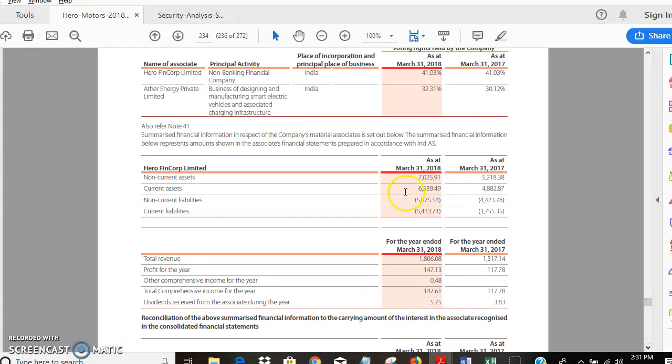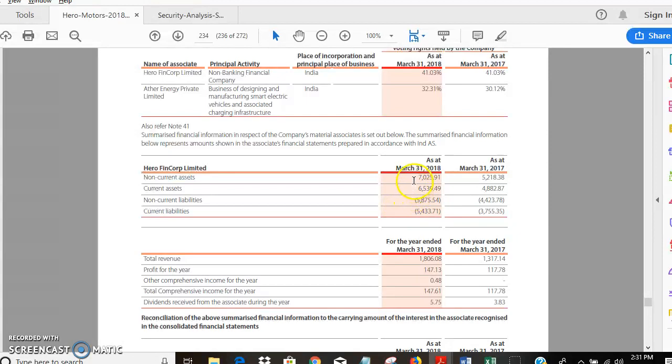So what they are saying is, summarized financial information in respect of the company's material associates is set out below. And this is about Hero Finance Corporation, which, if you look at it, is really a leveraged company.